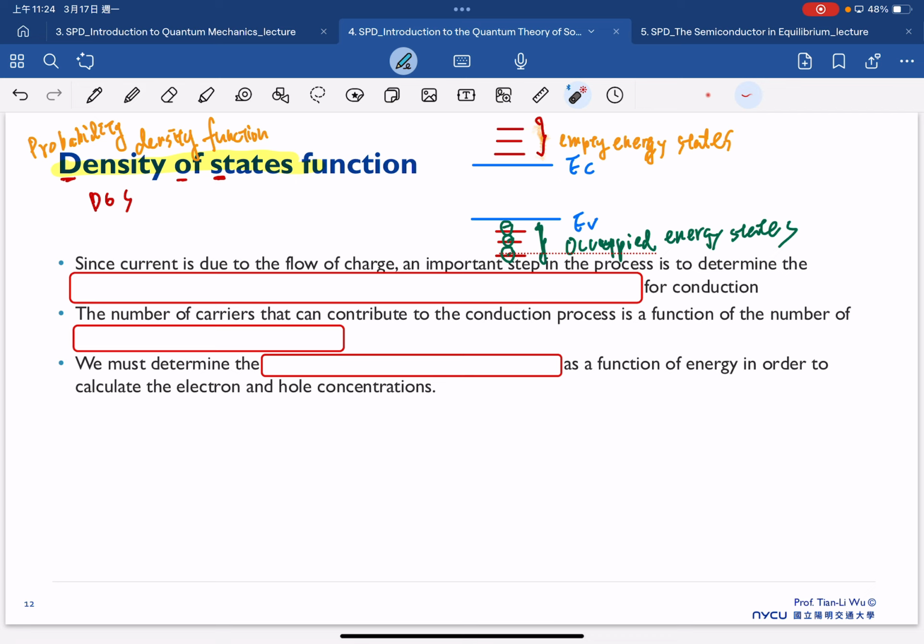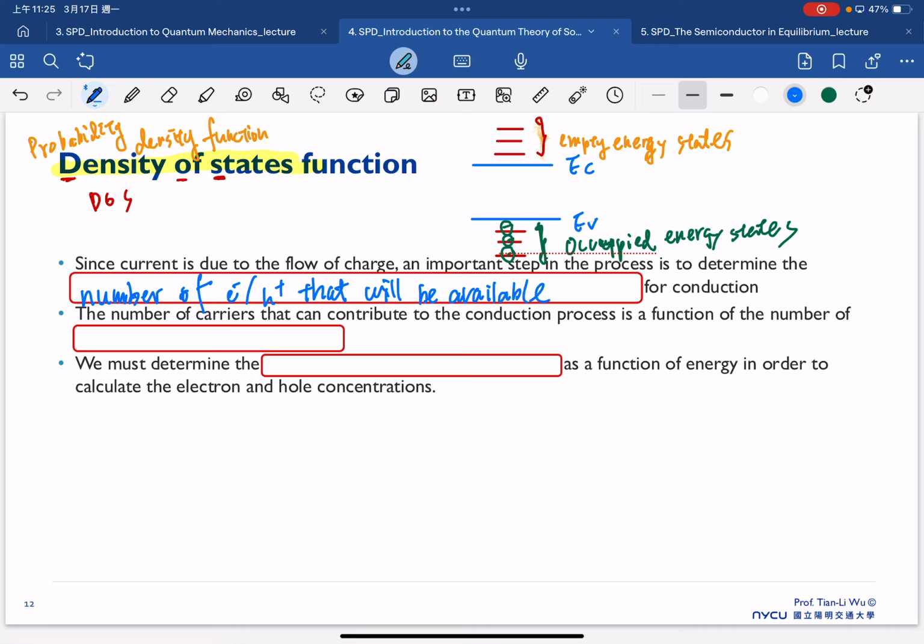So since current is due to the flow of charge, the important step in the process is to determine the number of electrons and holes that will be available for conduction.